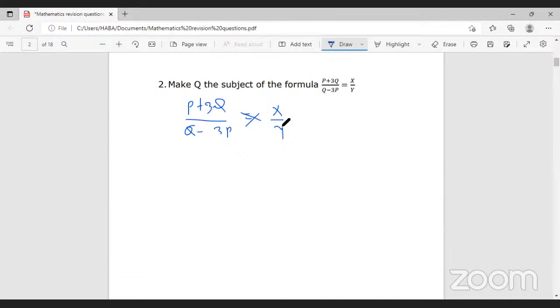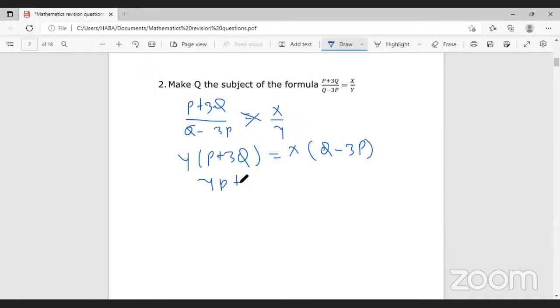So we get y times (p plus 3q), equals x times (q minus 3p). Then after this, we open brackets. So y times p is yp.